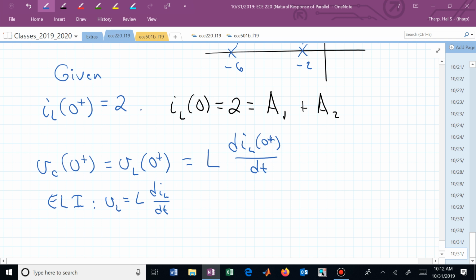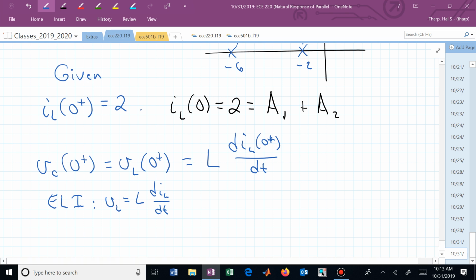Now we can find the initial condition on that first derivative of our current. We know that L di dt is, I think, 1. Didn't we say the initial value on our capacitor voltage was 1?